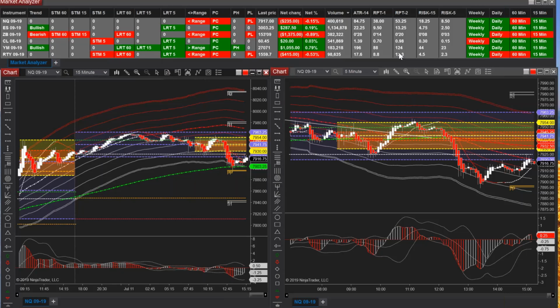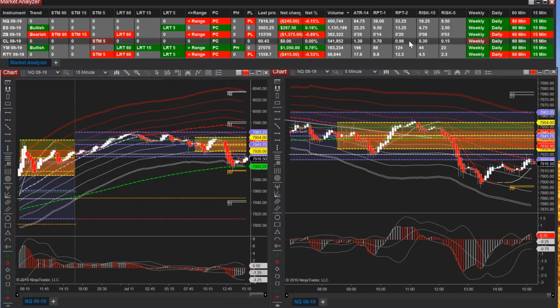And the exercise is also beneficial because you can easily see which markets have more room to run. The equities are in points, and the crude is in a tick measurement, so you wouldn't have to calculate points from ticks.